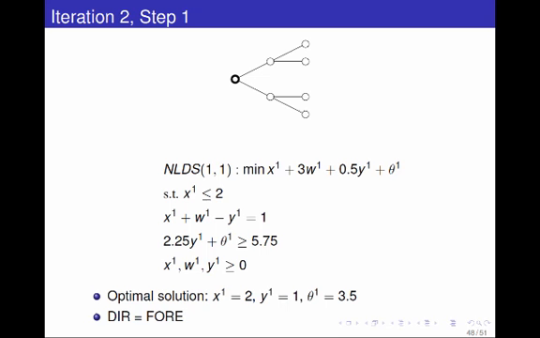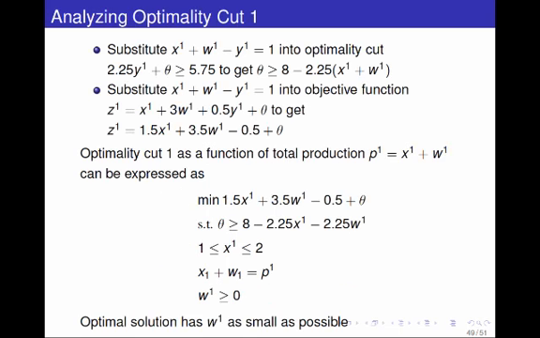Now let's see what the optimality cut looks like. Let's confirm what I told you earlier, that optimality cuts don't necessarily have to be exact supports of the value function. So what I want to do is project the optimality cut in a single dimension, which is the total production of period 1, so that you can see it in a two-dimensional graph.